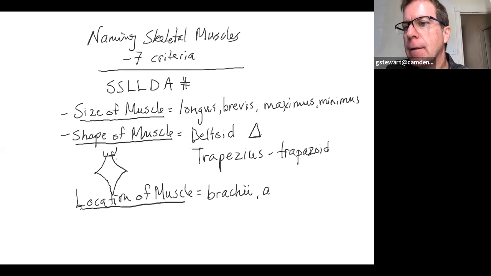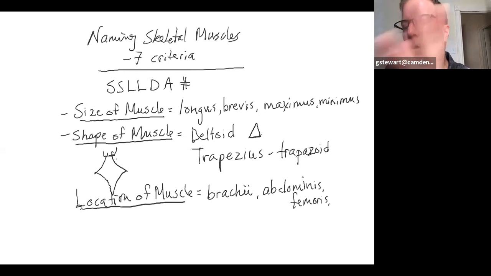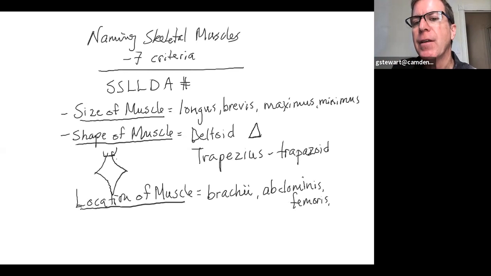Abdominis means in the abdomen. Femoris would be close to the femur. Tibialis would be close to the tibia, things like that. So that's telling us where the muscle's located.